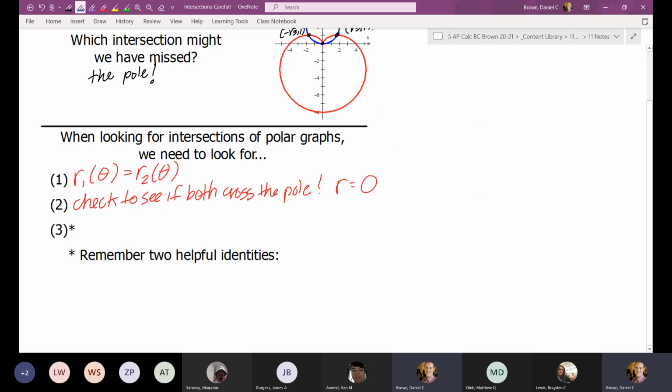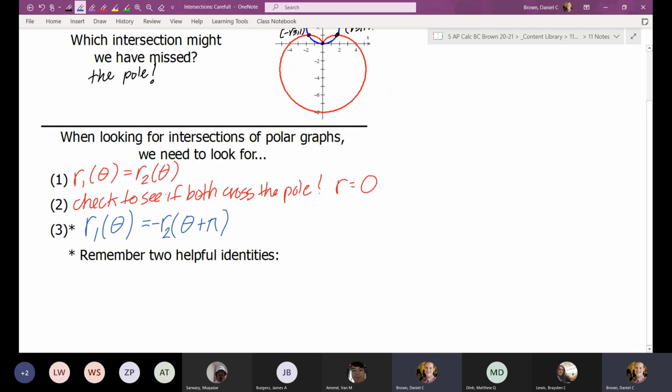This last one, part of me hesitates to show you this, but I think it's going to look really confusing, and some of y'all are going to get scared. And I'll explain it after I write it down. But there is a third possibility of when they can intersect, and that third possibility is where one of them is crossing at an angle with a positive r, but the other one is on the opposite side, but with a negative r.